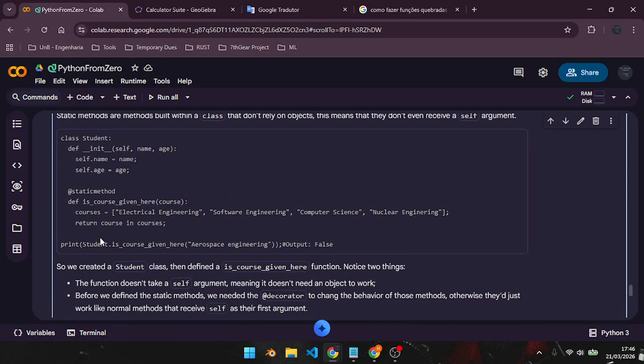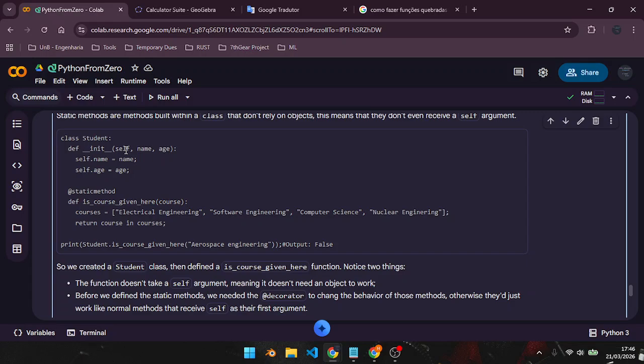Static methods, you need to use this decorator here, which I learned a little bit about. They basically change the behavior of methods, so they behave in another way. Static methods are basically methods placed inside of a class, but usually when you have a method inside of a class, the first argument is always self, which is the object. So you're obligated to provide an object for that method whenever you need it.